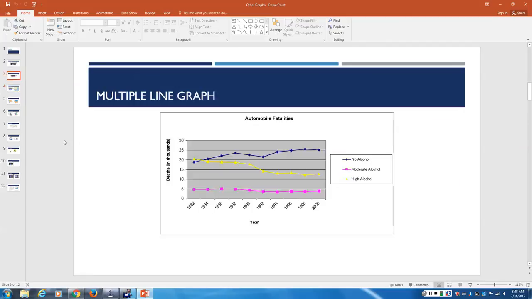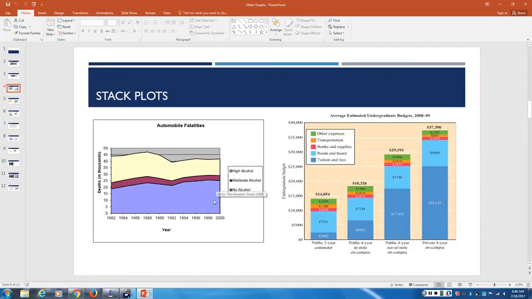But if we go back to the graph, at the very beginning in 1982, your high alcohol was actually higher than no alcohol fatalities. And it stayed that way, looks like, until 1983. So maybe something happened that year and that changed. But notice when we look at the bars, what they're totaling in every case is the total number of deaths. So the area of the graph is representing the total number of deaths, not the peaks and valleys.